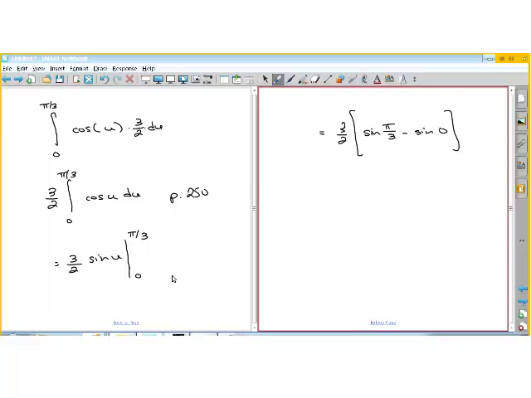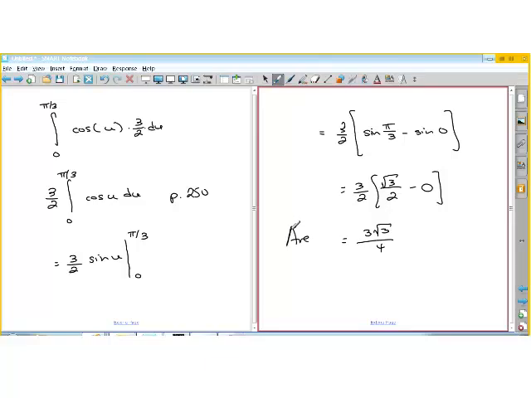So we don't subtract the lower limit, we subtract the function evaluated at the lower limit. So we get 3/2. The sine of pi over 3 is the square root of 3 over 2. And the sine of 0 is 0. So we'll get 3 square root of 3 over 4, and that's the area.